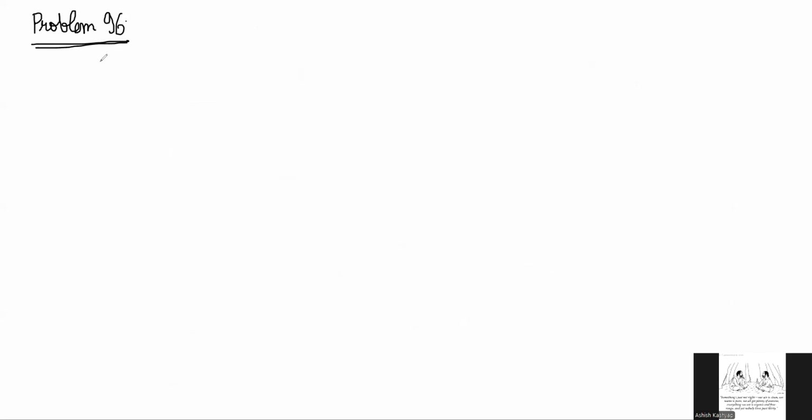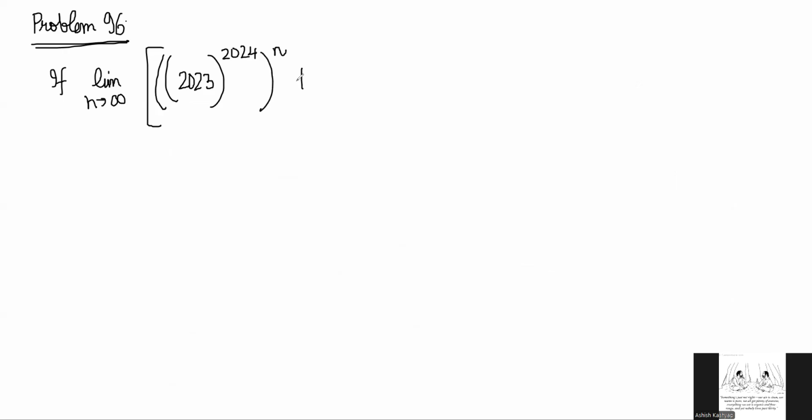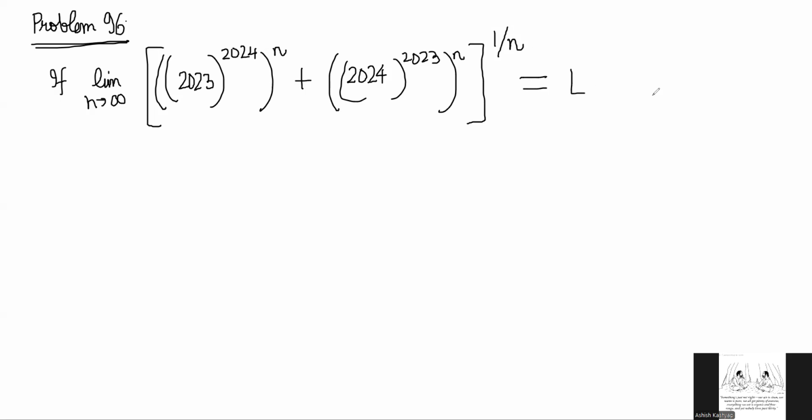And this question says, if limit of n tends to infinity of 2023 to the power 2024 whole to the power n plus 2024 to the power 2023 whole to the power n, and the whole expression is raised to the power 1 by n, is equal to L, then find the remainder when L is divided by 15.